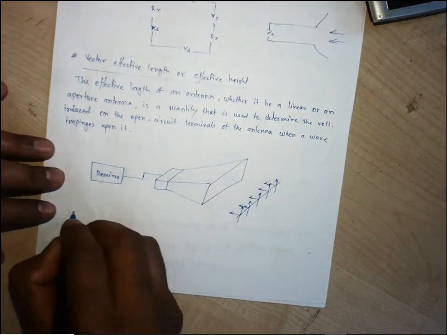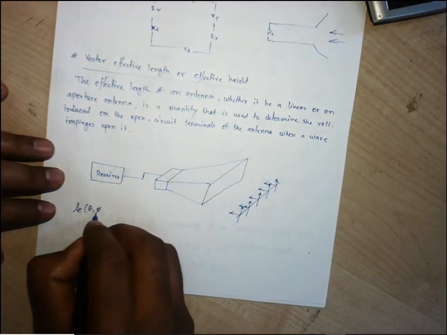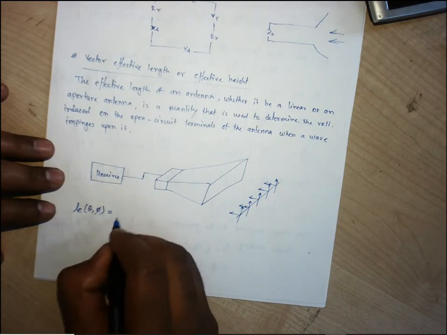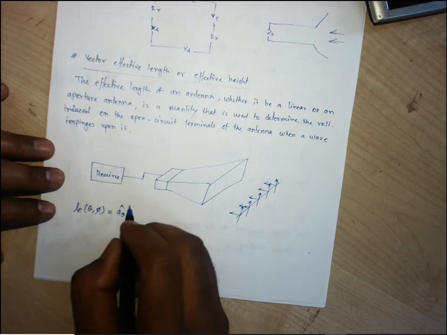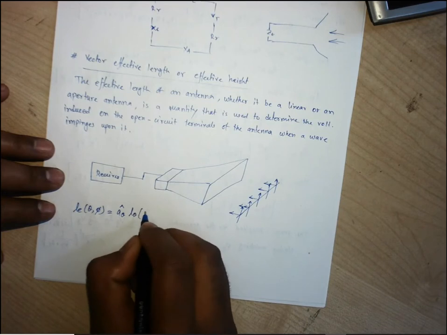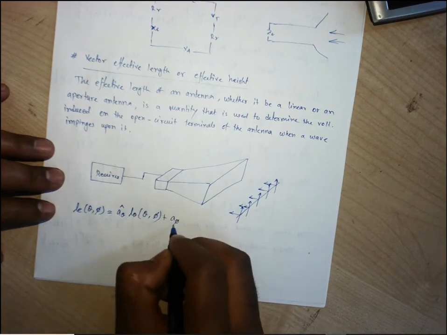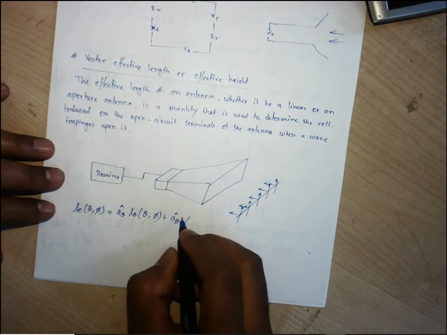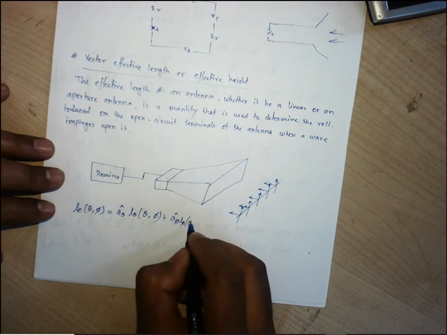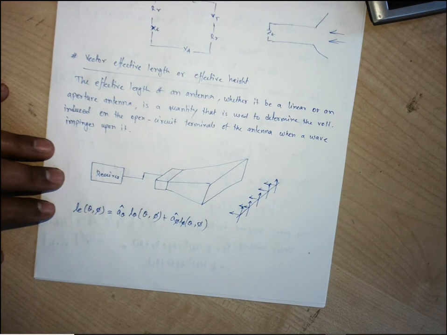So this effective length may be a function of theta or phi, along the direction of theta as well as along the direction of phi. So obviously it is a far field quantity and it is related to the far zone field.